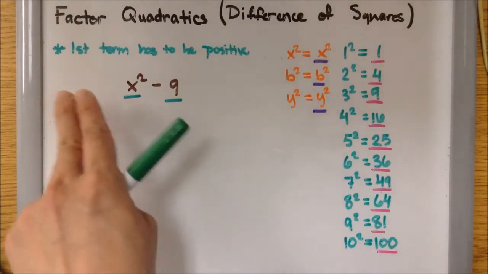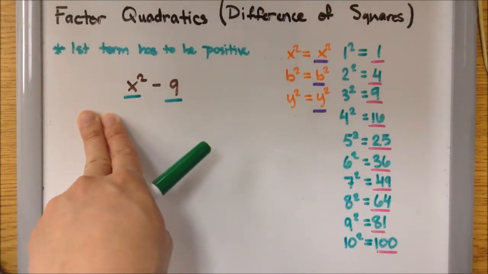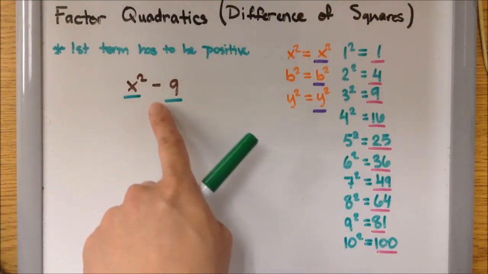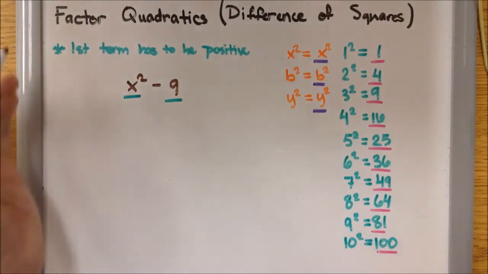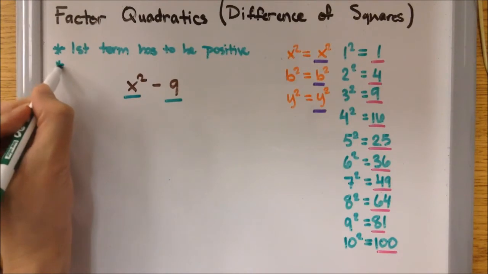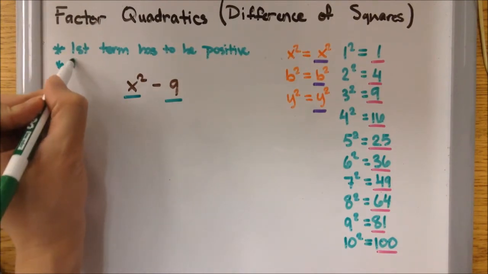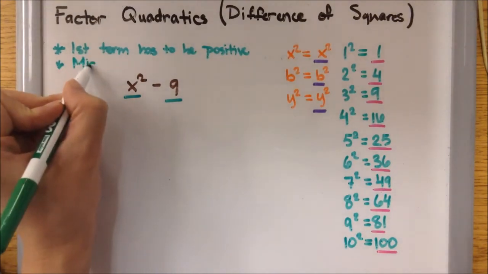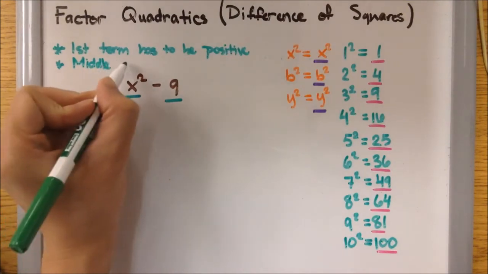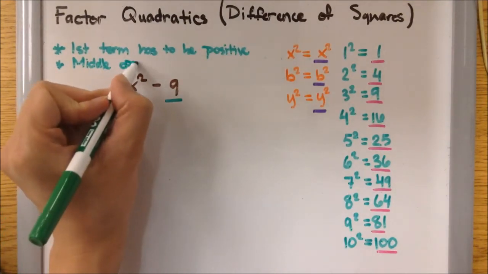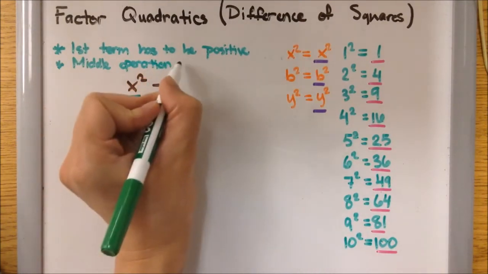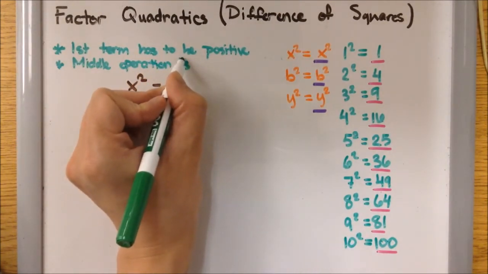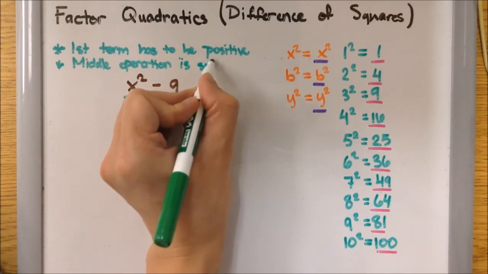Now, I forgot to mention that when we're working with difference of squares, the middle operation is subtraction.